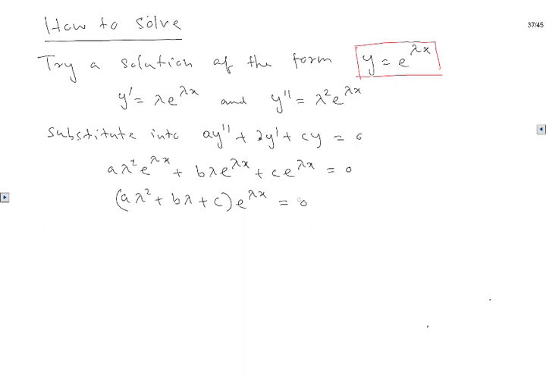We know that e to the lambda x is never 0, so the only thing that can happen is that the expression in the parenthesis has to be 0. So we see that a lambda squared plus b lambda plus c equals 0.